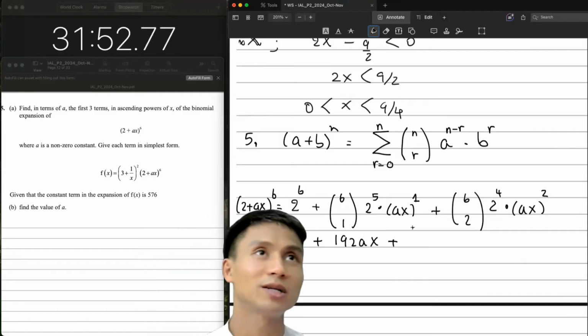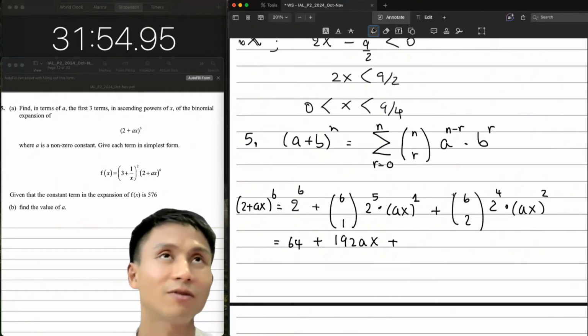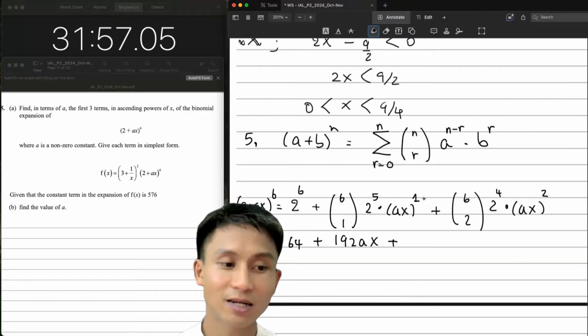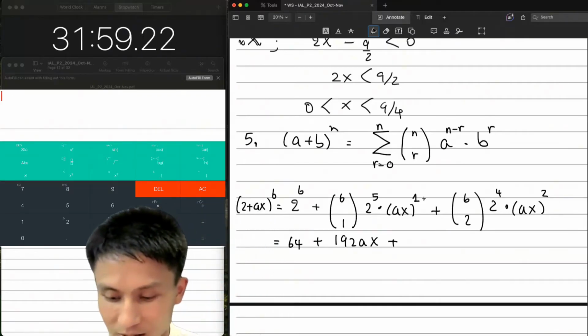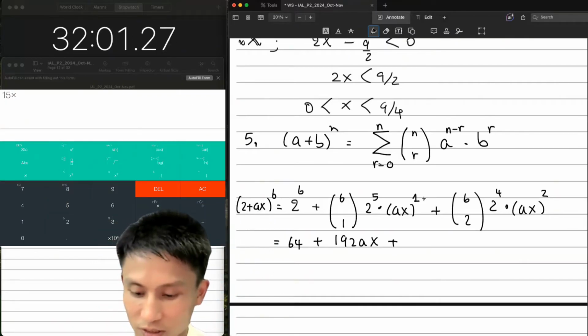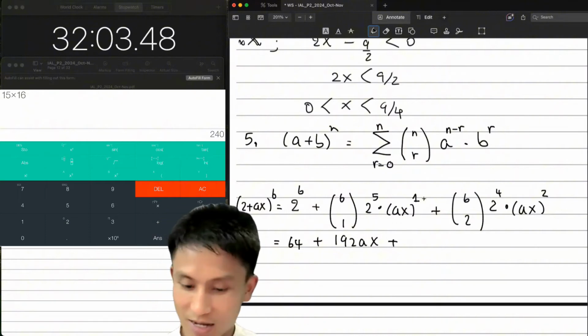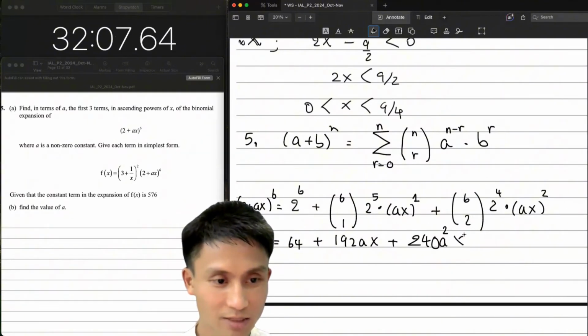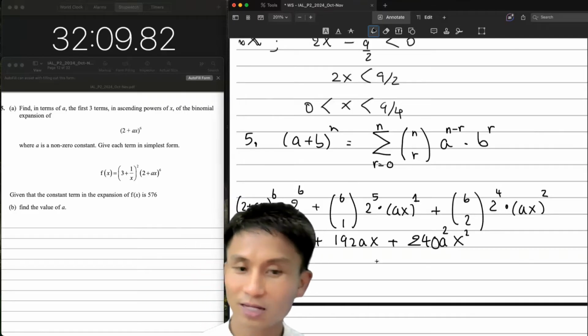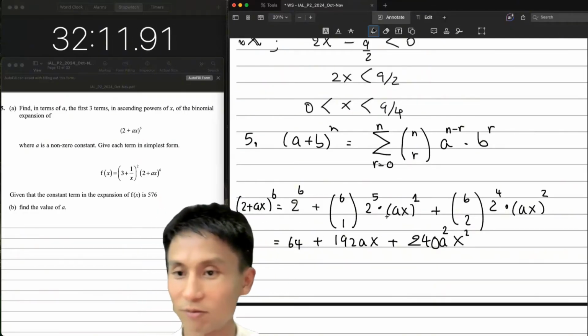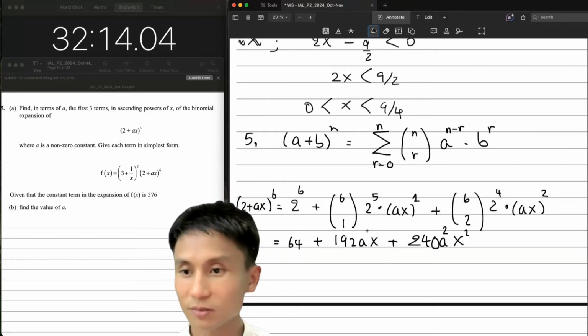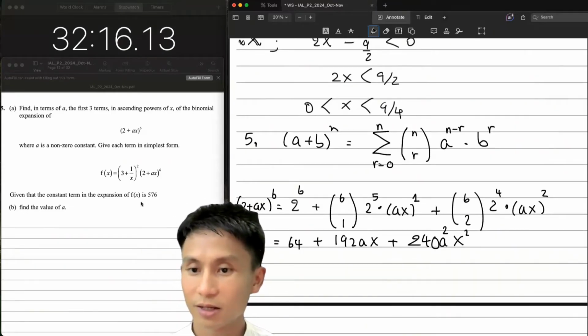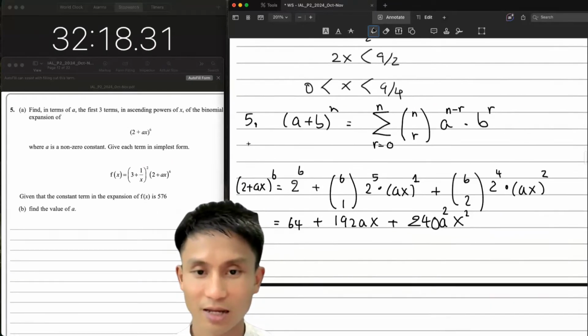I happen to know that it's just 6 multiplied by 5 and divided by 2. That would be 15. 15 multiplied by 2 to the 4, which is 16, so I get 240 a squared x squared. So that is my simplified form for that. And that's just A done, I think.